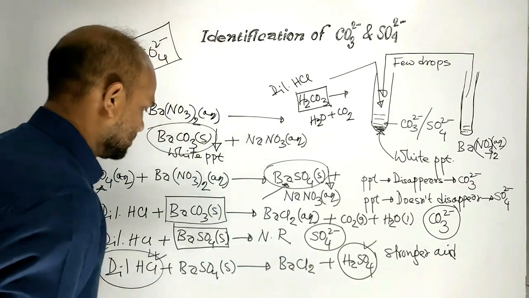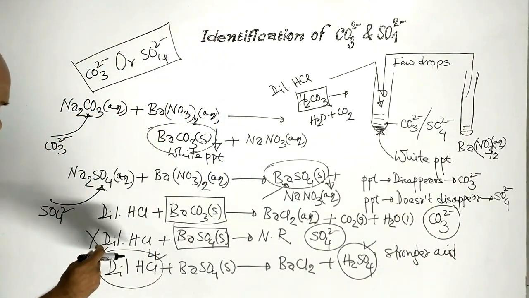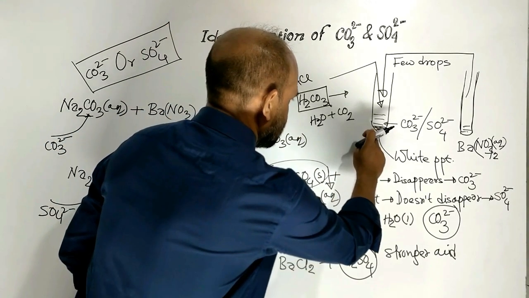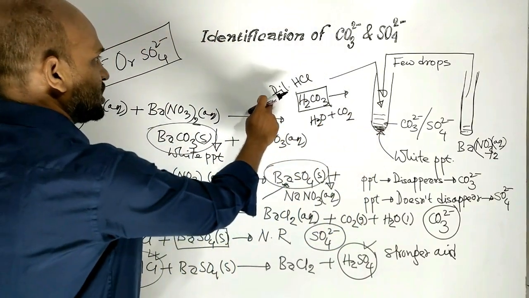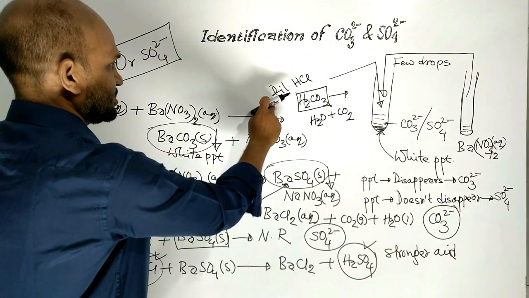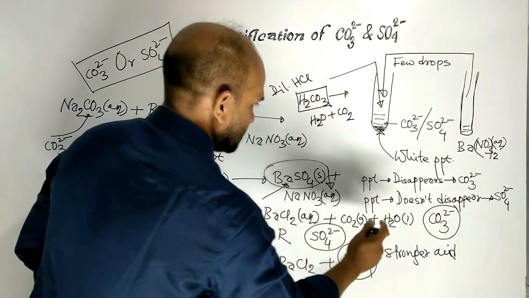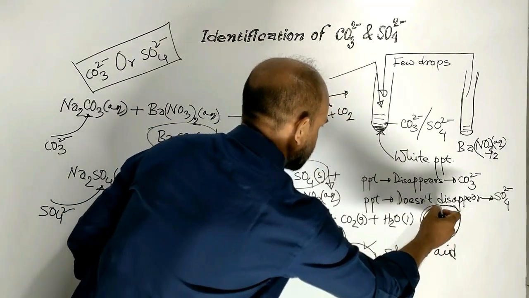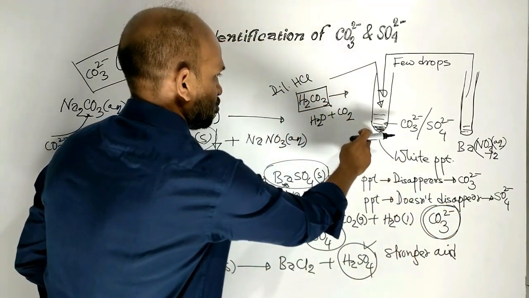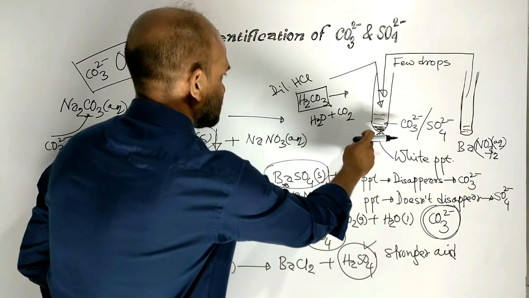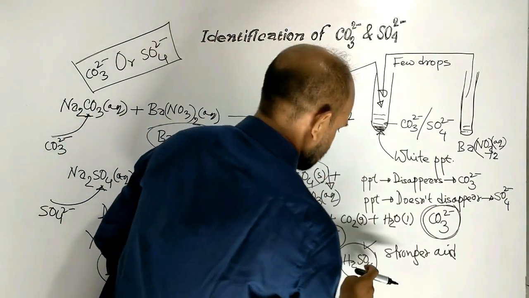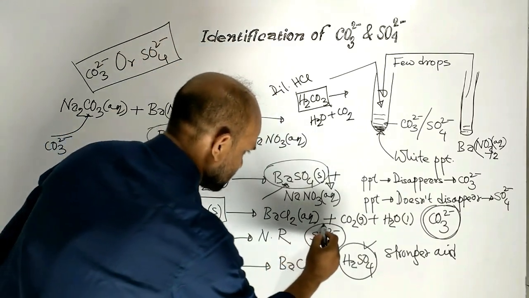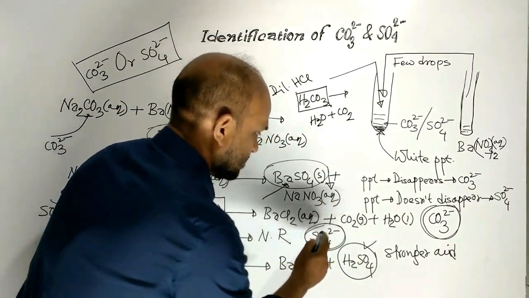For this reason, this reaction doesn't happen. That is, simply when this white precipitate disappears reacting with diluted hydrochloric acid, then this is carbonate ion. But when this white precipitate doesn't dissolve in diluted hydrochloric acid, then the solution contains sulfate ion.